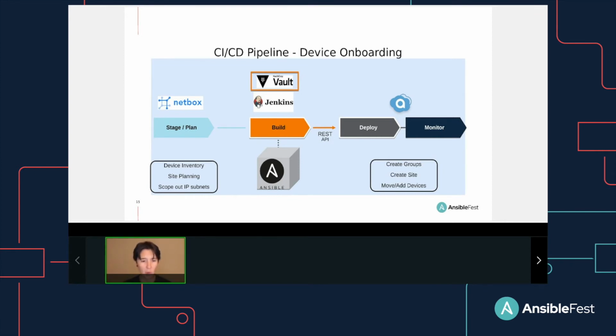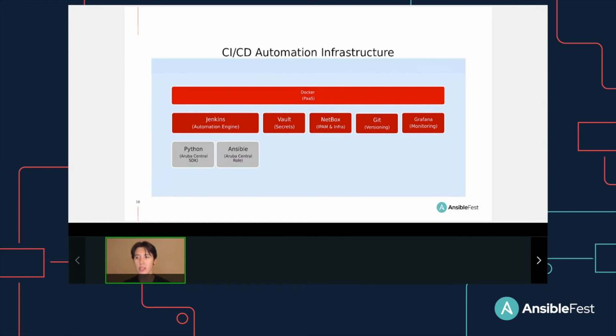So now I wanted to show you what this lightweight CI/CD automation infrastructure looks like. Here we have all of these tools, Jenkins, NetBox, Ansible. They're all continuously running as containers within this VM.